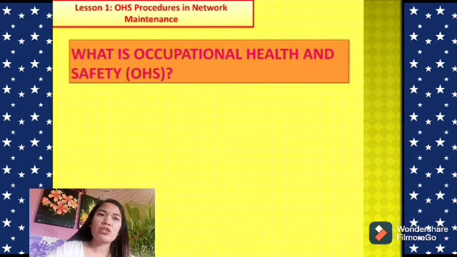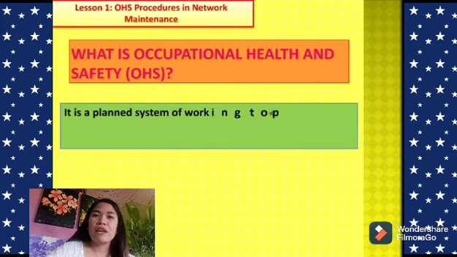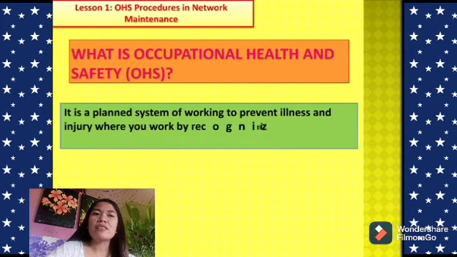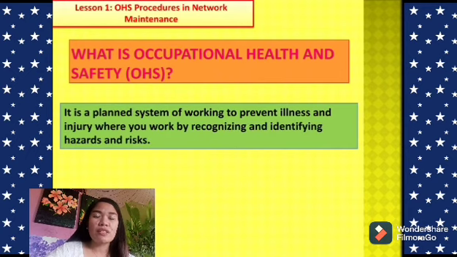Okay, so what is occupational health and safety, or OHS? It is defined that it is a planned system of working to prevent illness and injury where you work by recognizing and identifying hazards and risk.